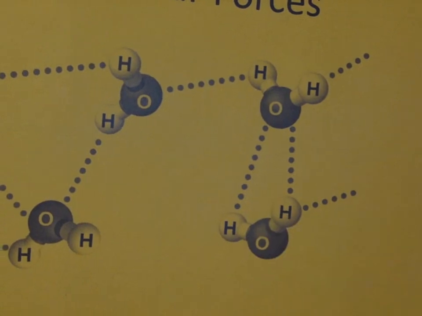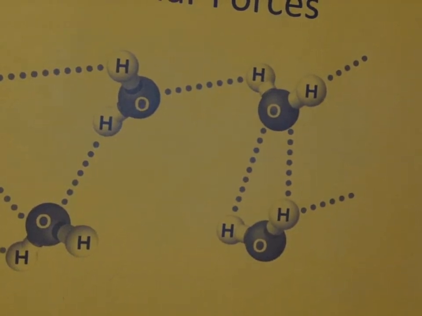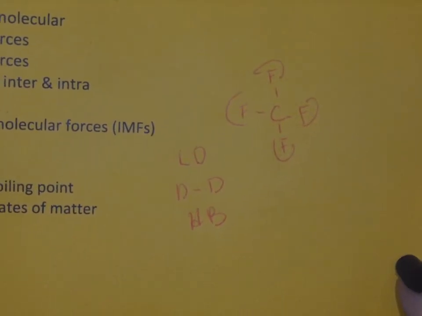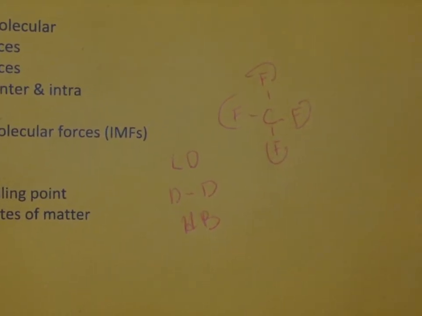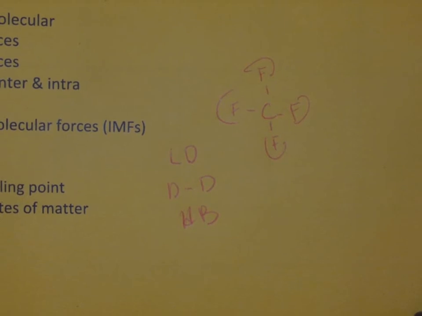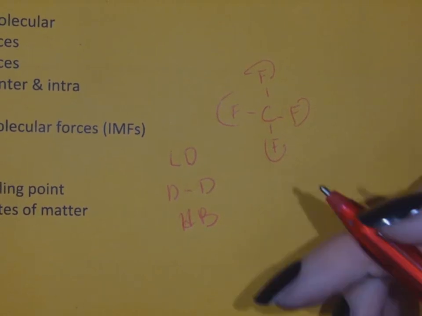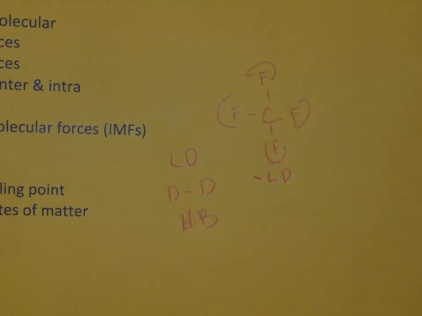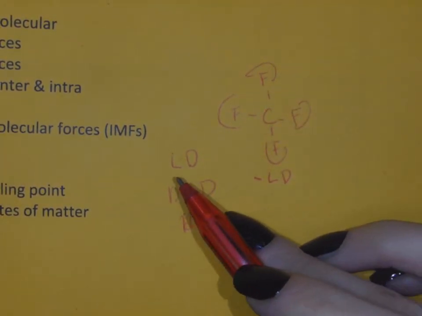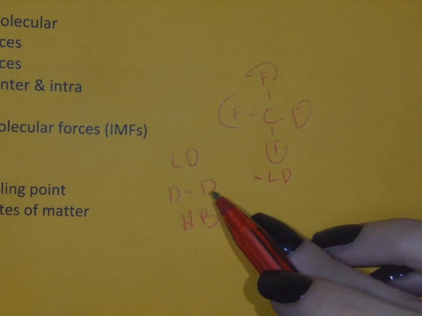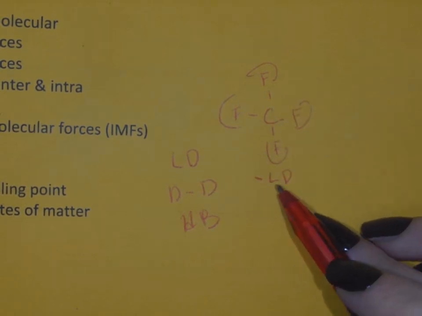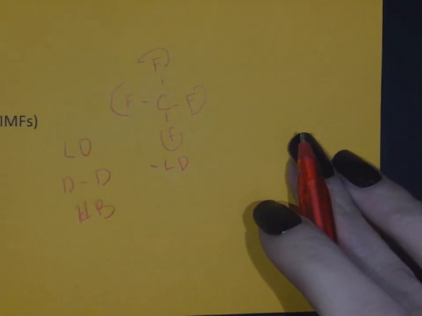So the first thing you need to ask yourself is the molecule polar or nonpolar? So the molecule has 4 domains and all of those domains are identical, so it's a nonpolar molecule. So all molecules experience London dispersion, but only polar molecules experience dipole-dipole. So since this one is nonpolar, it only has London dispersion forces.